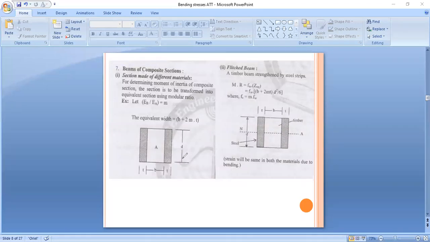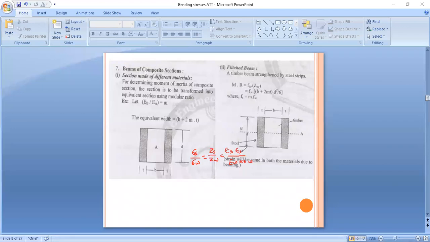I will write here sigma S upon sigma W is equal to ZS upon ZW, which is equal to Young's modulus of steel into epsilon steel divided by Young's modulus of wood into epsilon wood.